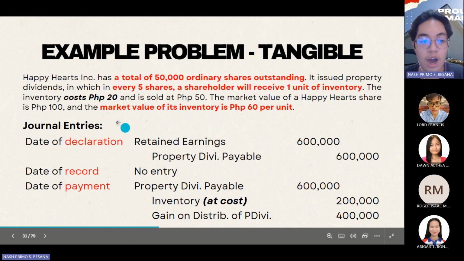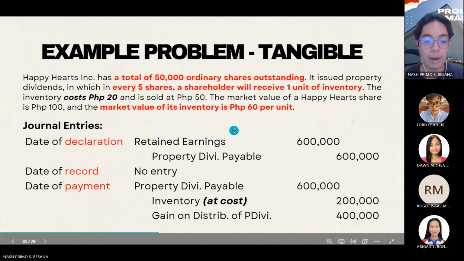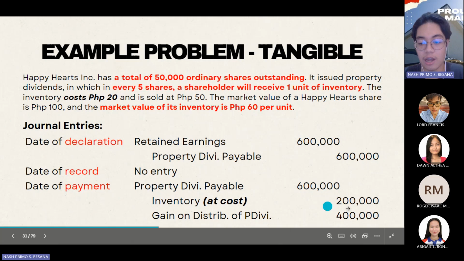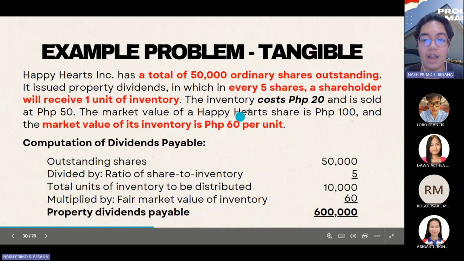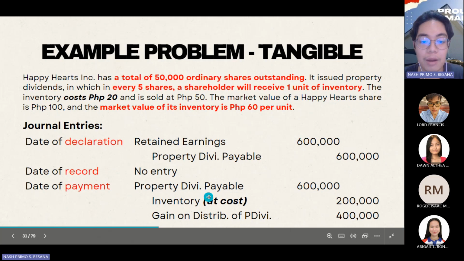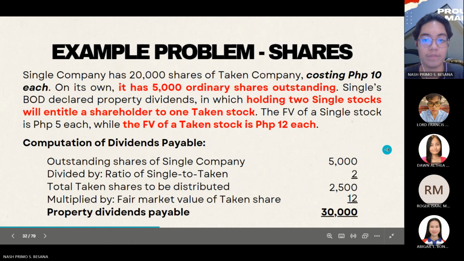So yun yung journal entry ng property dividends. Dito lang naman talaga yan medyo magiging confusing, pati sa paggamit ng fair value. So kapag dividends payable, use fair value. But kapag i-close mo na yung carrying amount, parang ibabawas mo na siya sa books at the main account of inventory itself at cost siya.